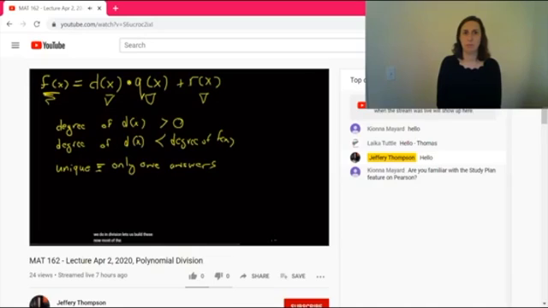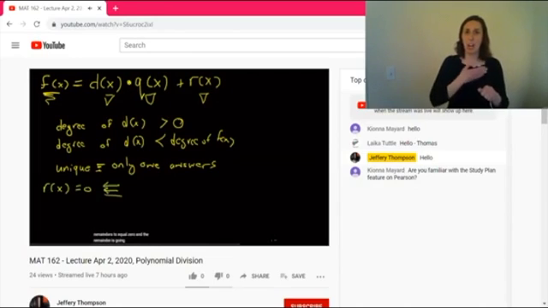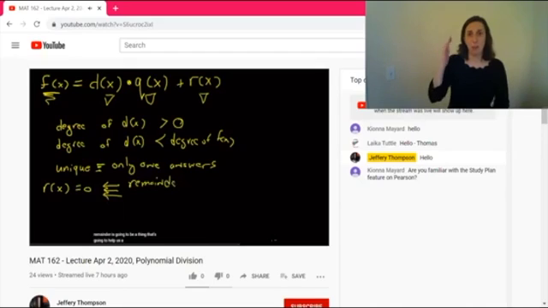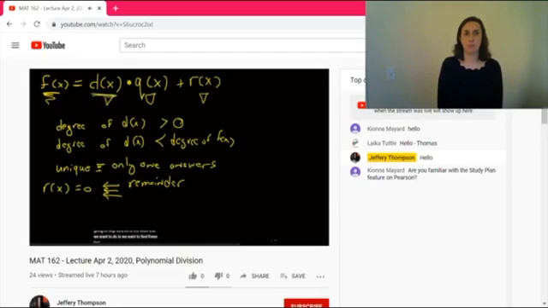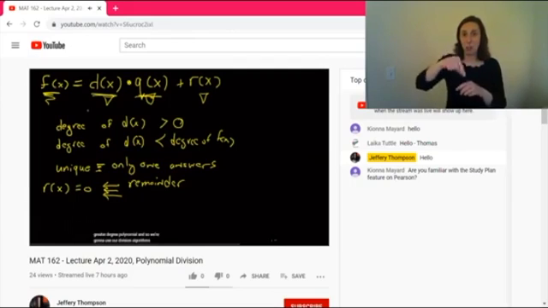Now, most of the time, we like our remainders to equal 0. And the remainder is going to be a thing that's going to help us. A lot of the work that we want to do is we want to find these two bits of a larger polynomial of some greater degree. And so we're going to use our division algorithms to get there.